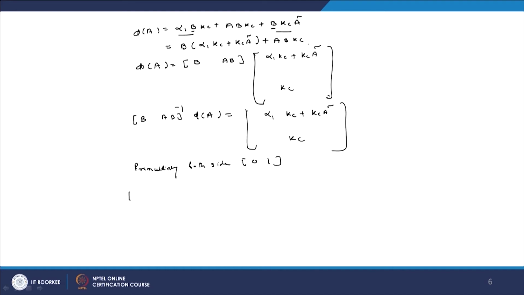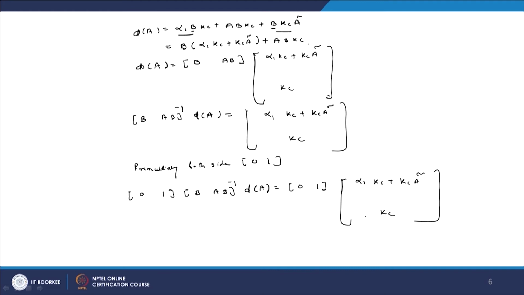So, we can write down as say 0 1 b a b inverse phi of a equal to say 0 1, and here we will get, we can write down as alpha 1 this k c plus k c into a bar, that is equal to k c.